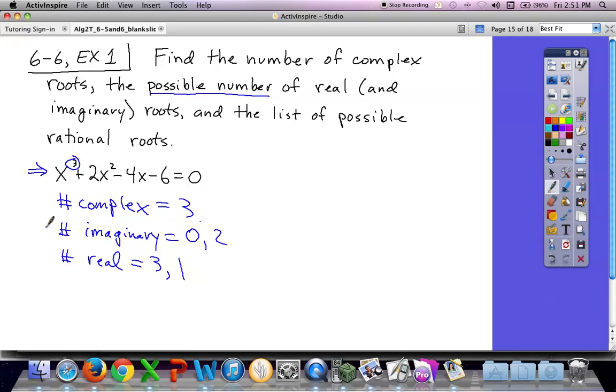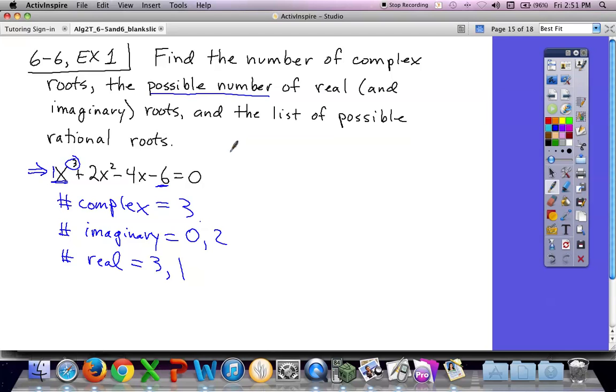Now the last part of it is make your list of possible rational zeros. Remember, how do we find that list? The factors of -6 divided by the factors of 1.